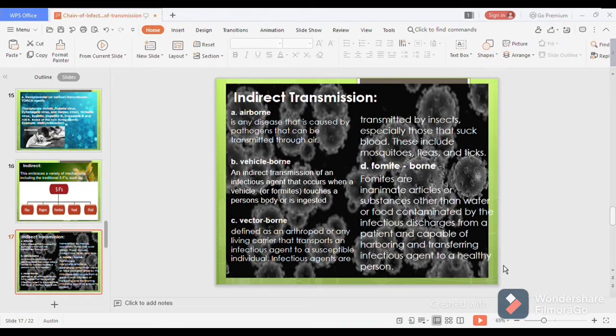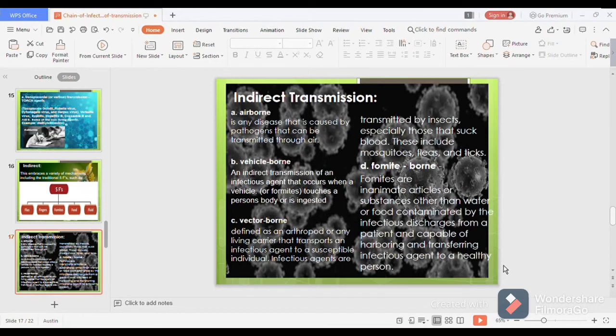And next one is vector-borne, defined as arthropod or any living carrier that transports an infectious agent to a susceptible individual. Infectious agents are transmitted by insects, especially the blood. This includes mosquitoes, fleas, and ticks.